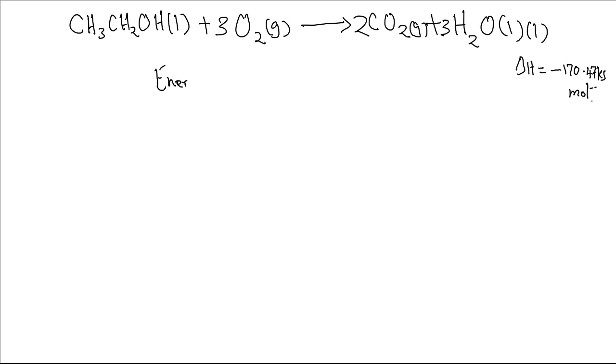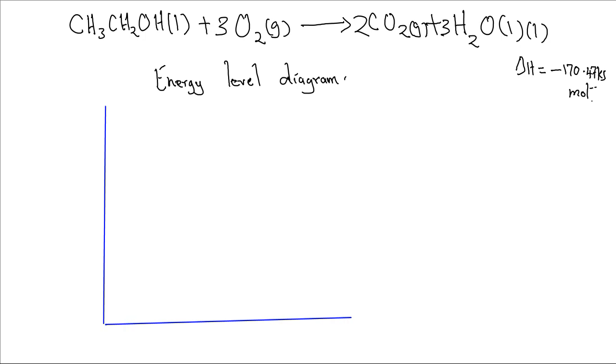So we can have an energy level diagram for that. That is the y-axis, x-axis, reaction path, or progress.